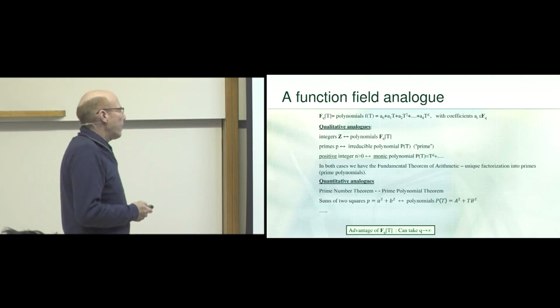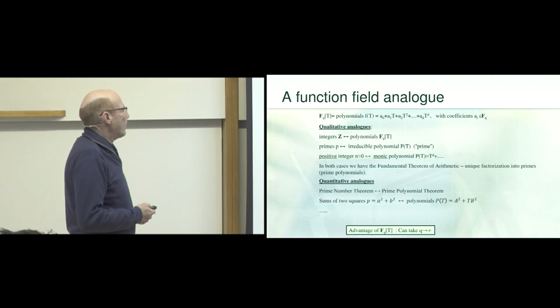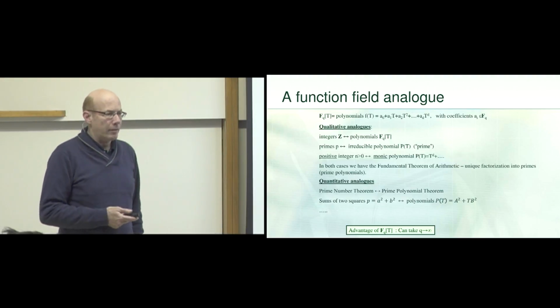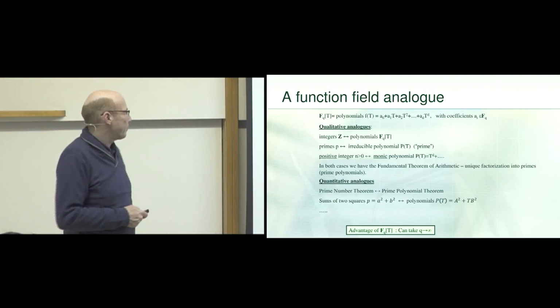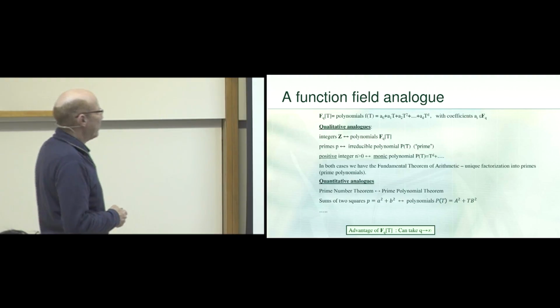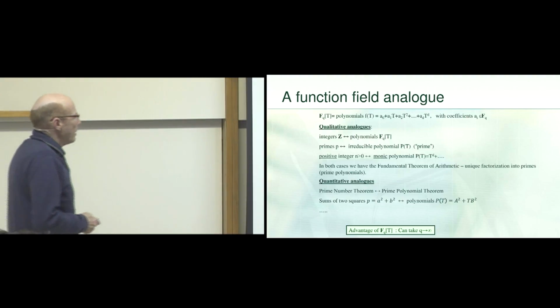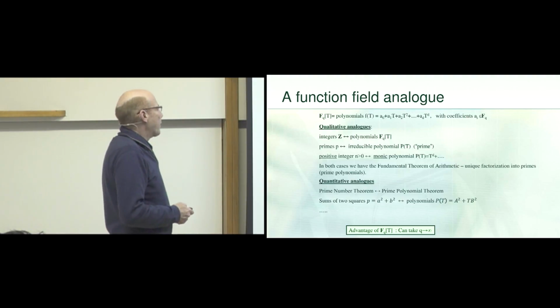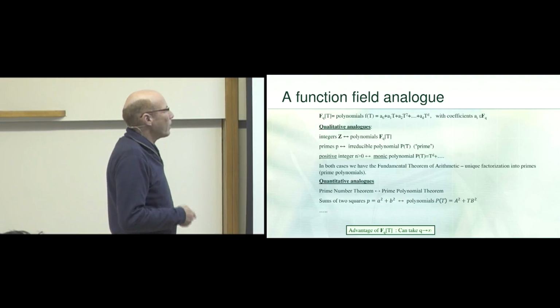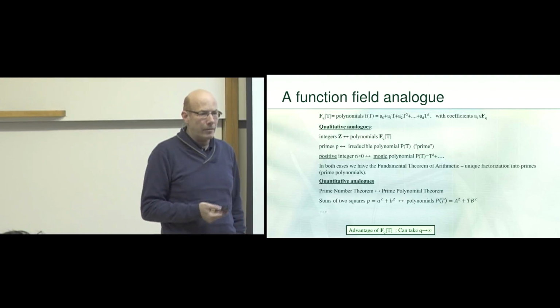And then we have qualitative analogues. I can count prime polynomials rather than prime numbers. There's an analog of the prime number theorem. And instead of counting sums of 2 squares, I will look at polynomials which are norms from a certain quadratic extension of the rational function field.